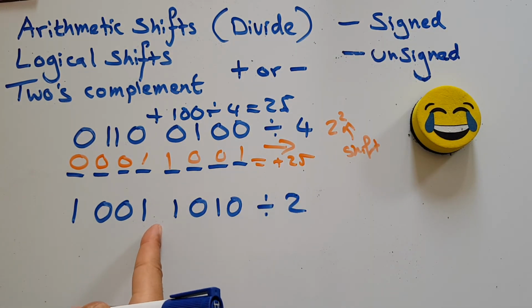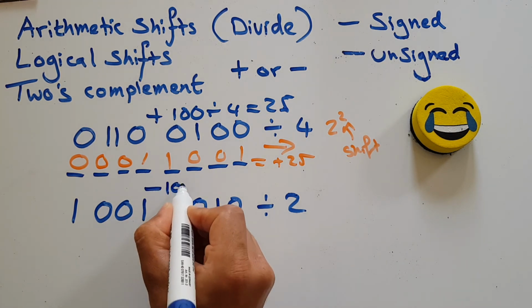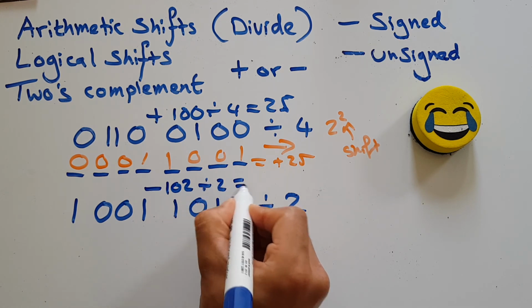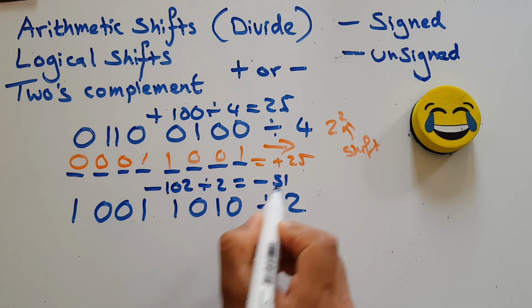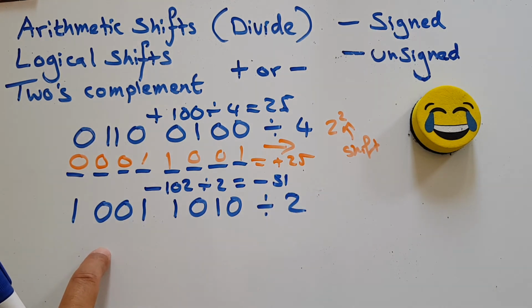So for this one, well, I know this is the binary for minus 102, and I'm dividing it by 2, which hopefully equals minus 51.